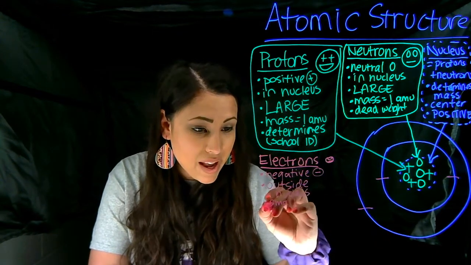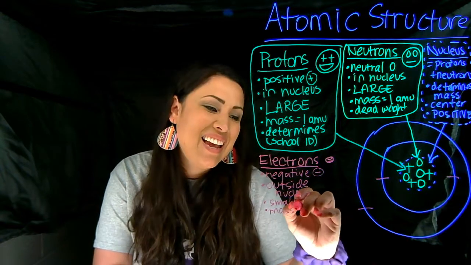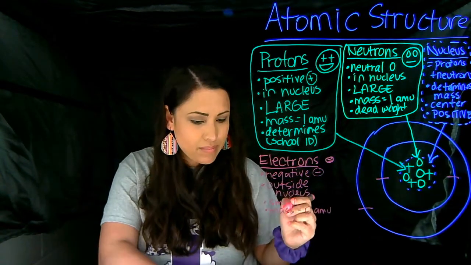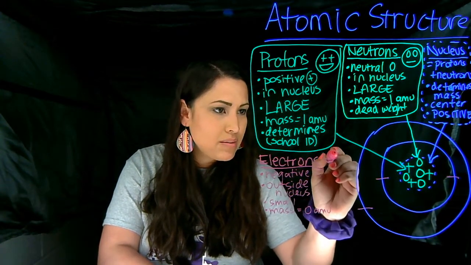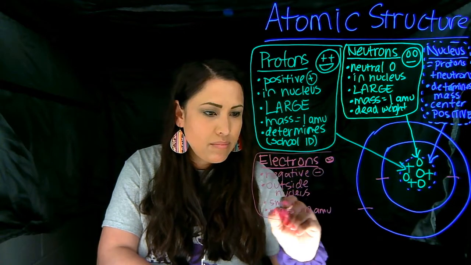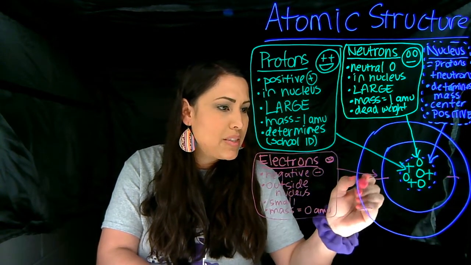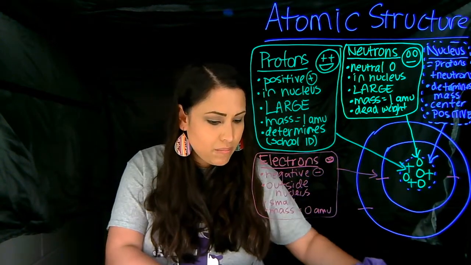And their mass, because they're so teeny tiny, is actually 0 AMU. And those are the electrons. All right, same thing. We see one here, we see one there. There's 3 of them in our picture.